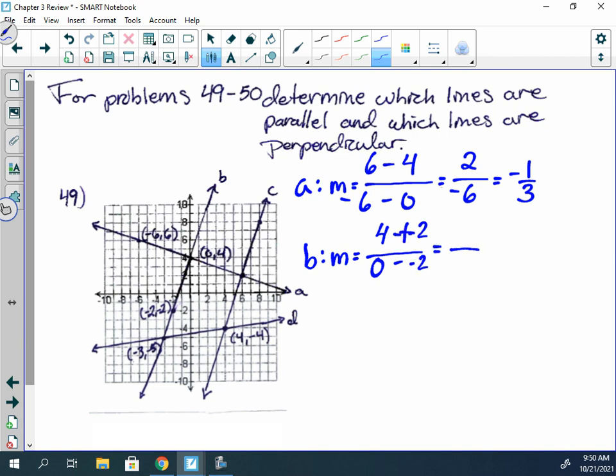On top, 4 minus 2 is 2. On bottom, the negative and negative make a positive, so 2. And 6 divided by 2 is 3. I just picked the point 0, 4 here, and this point negative 2, 2. I just picked those two on the line.